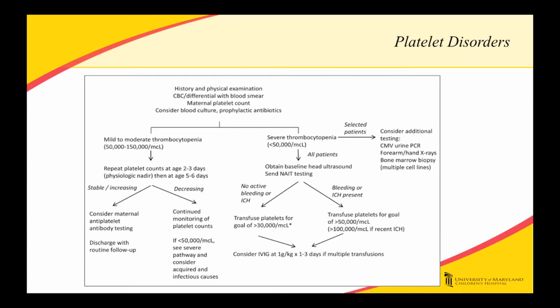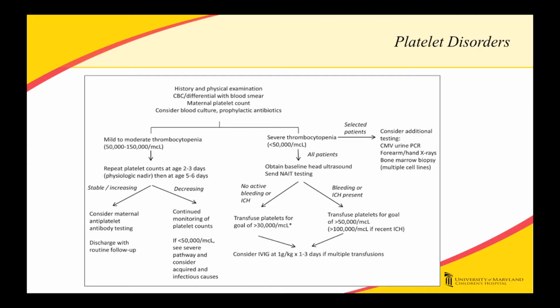If it's stable or increasing, you could consider testing the mom for antiplatelet antibodies, and then do close follow-up either with us or with yourself, and notify us if it's not getting better. If it's decreasing, continue to monitor platelet counts, and if it's less than 50, obtain a baseline head ultrasound and send off your NAIT testing, which is actually done on the mom and the dad.